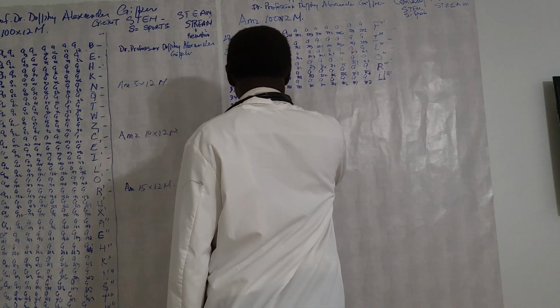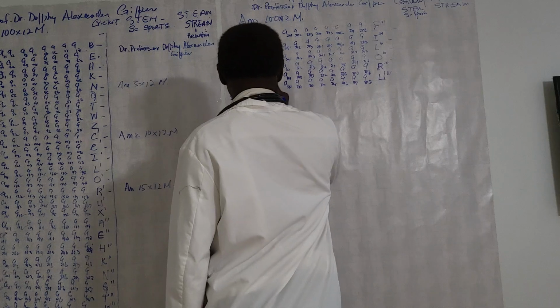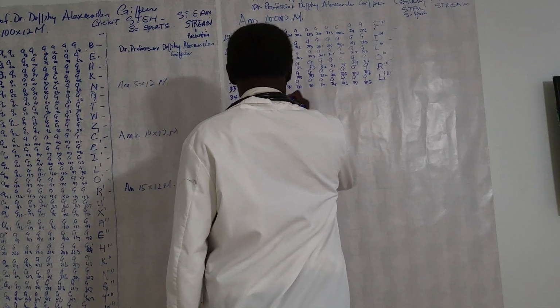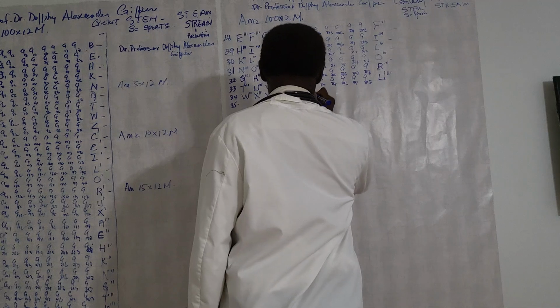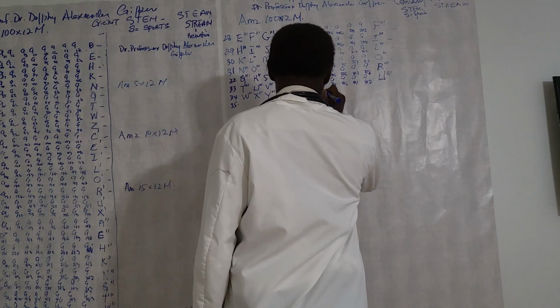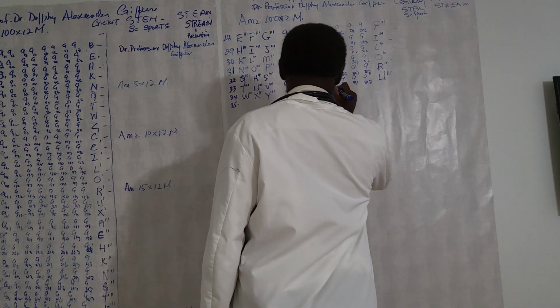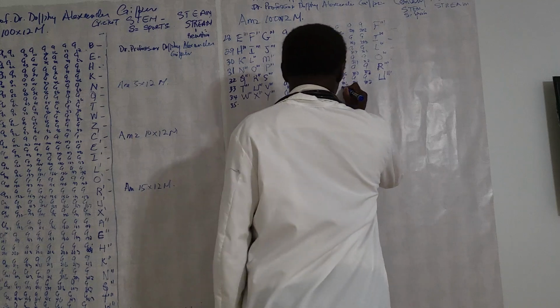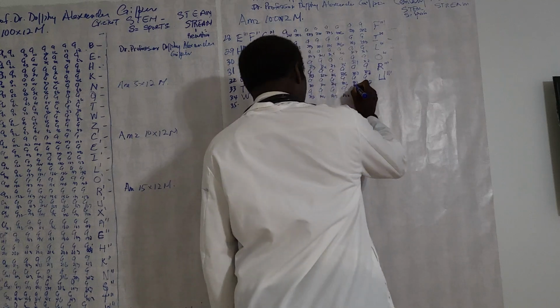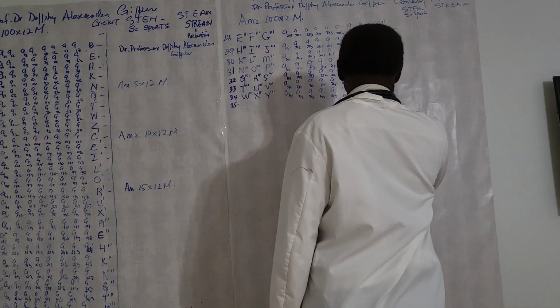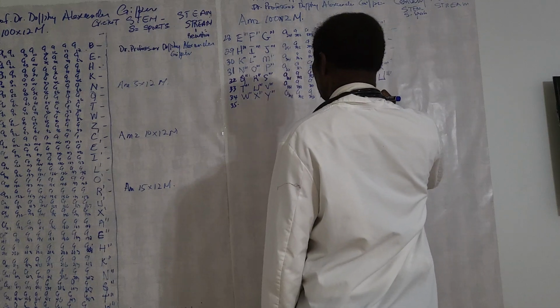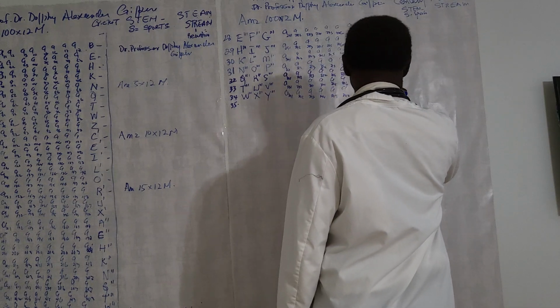W, X, Y, triple primes, A34, 1, A34, 2, A34, 3, A34, 4, A34, 5, A34, 6, A34, 7, A34, 8. And that is now X triple prime.